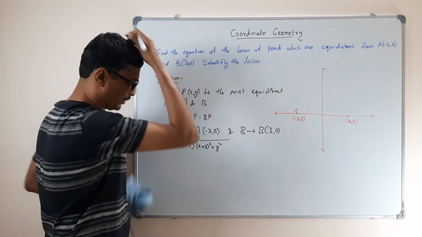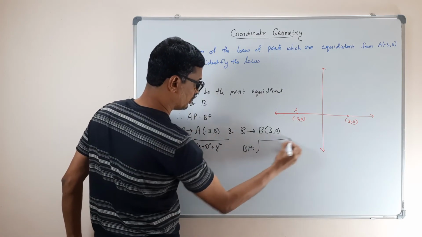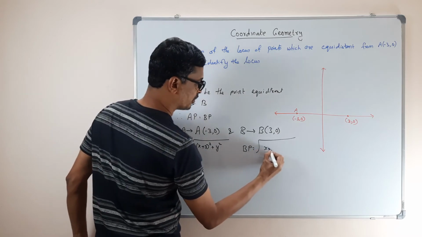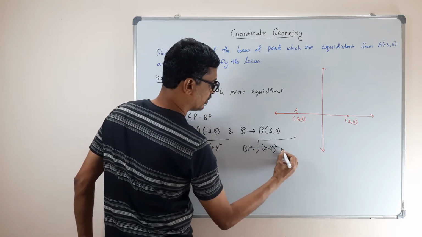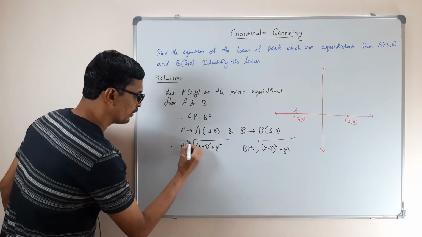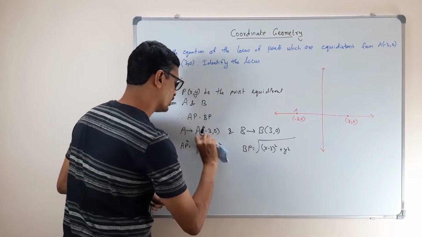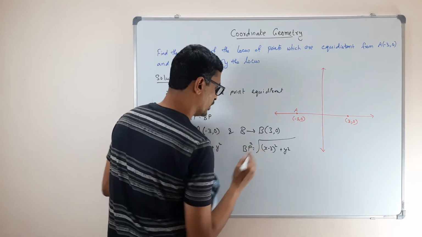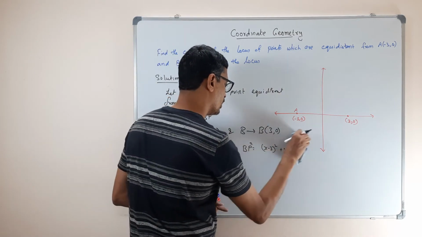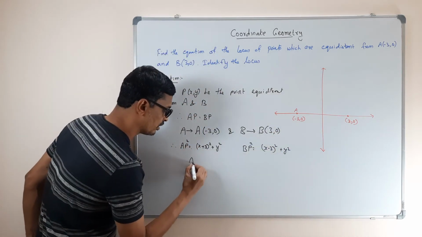And BP is the square root of (x minus 3) whole square plus y square. Since they both are equal, AP square should be this one, similarly BP square should be this one, and AP square is equal to BP square.